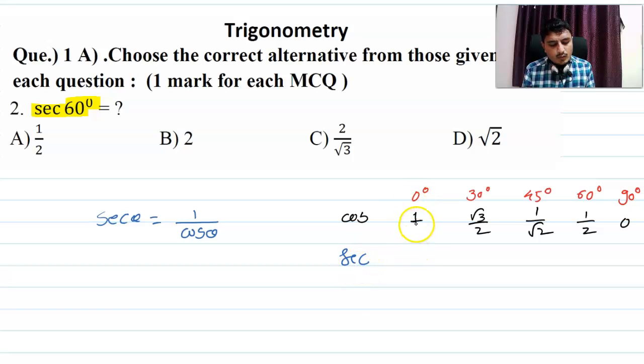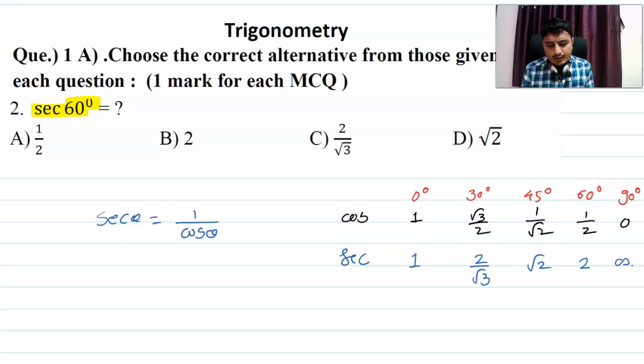Sec of 0, 1's reciprocal is itself 1, while root 3 by 2's reciprocal is 2 divided by root 3, 1 upon root 2's reciprocal is root 2, 1 upon 2's reciprocal is 2 divided by 1, that means 2, while for 0 we have the reciprocal of 0, that means 1 upon 0, so it is not defined, or infinity, the symbol of infinity.